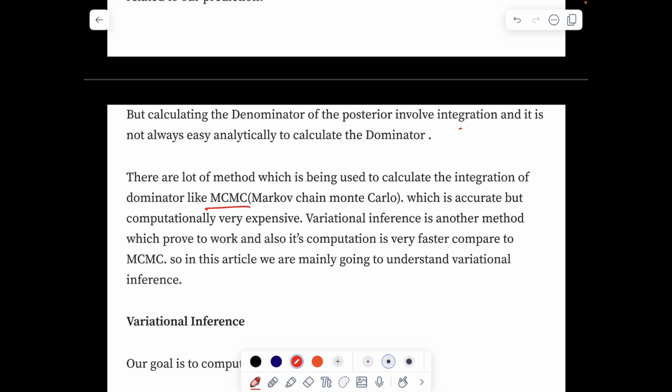To reduce the computational time, we have another approach called variational inference, which proved to work and is computationally much faster than MCMC. It takes not even ten minutes, I think, to perform some inference.